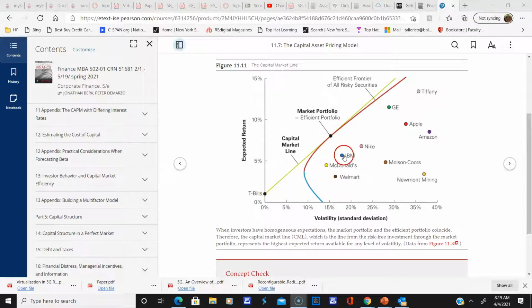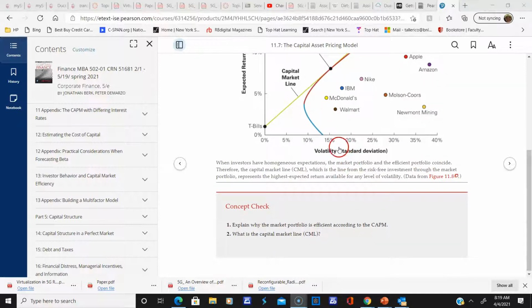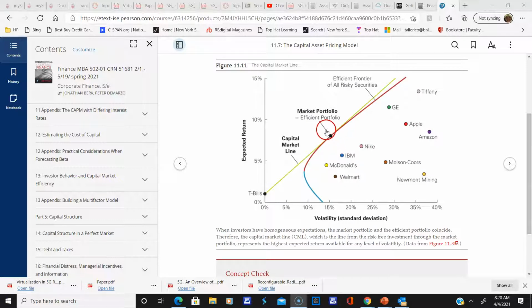So that capital market line is pretty much what that Sharpe ratio is showing you. Again, you'll notice it says the market portfolio is the efficient portfolio, and that would be the S&P 500. So now we're replacing the portfolio in the Sharpe ratio with the S&P 500. The Sharpe ratio was more general, but here you're putting in the S&P market portfolio. So this pretty much is a specific way of looking at the Sharpe ratio.